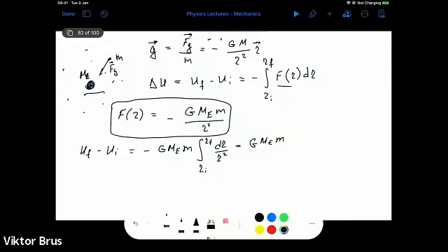When we integrate, we will get, so here we have minus, 1 over R, and this will be from Ri to R final.